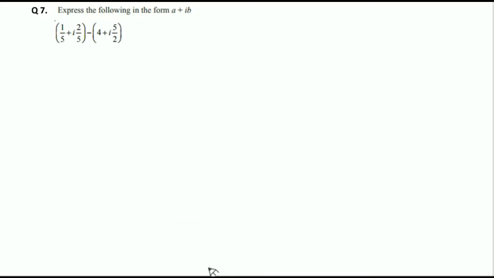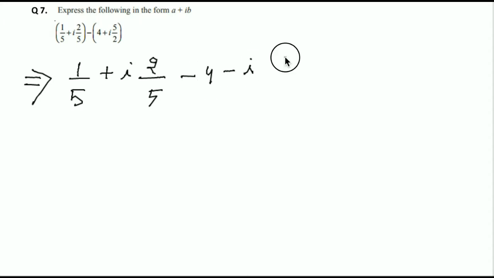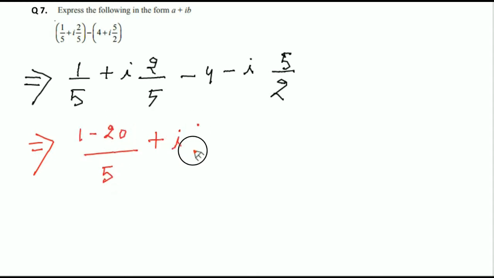The next one, express the following in the form of a plus iota b. Again just simplify here. 1 by 5 plus iota into 2 by 5, minus 4 minus iota 5 by 2. Simply go for addition. Real numbers you have to add: 1 by 5 minus 4. The LCM will be 5, so 1 minus 20. Similarly for iota, take common 2 by 5 minus 5 by 2.